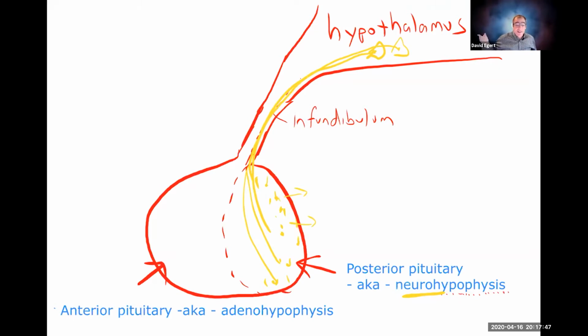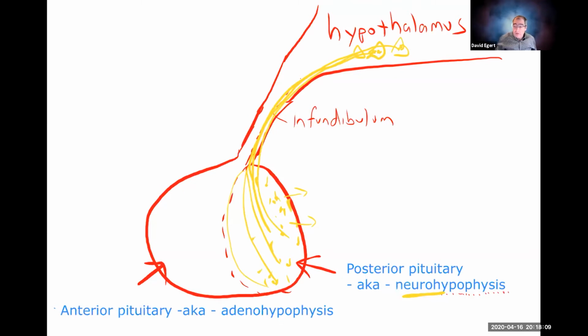So under the microscope, this posterior pituitary looks very different from the other part because it's basically like axons. So the posterior pituitary is derived from these neurons that are coming from the hypothalamus.